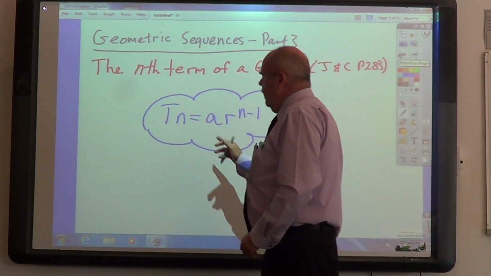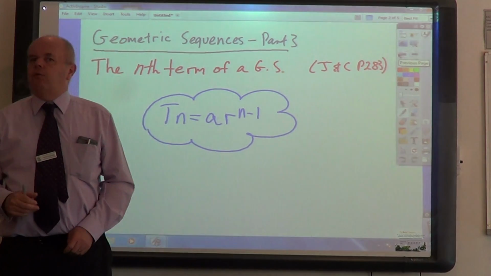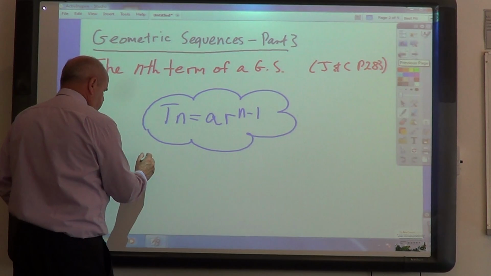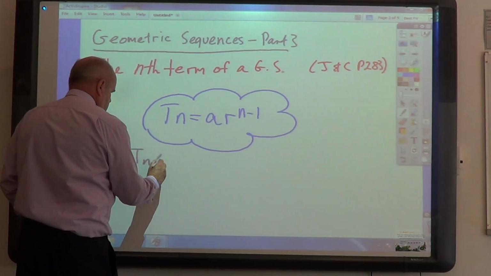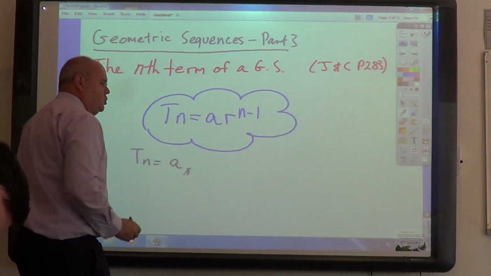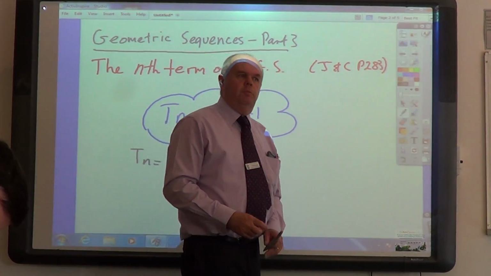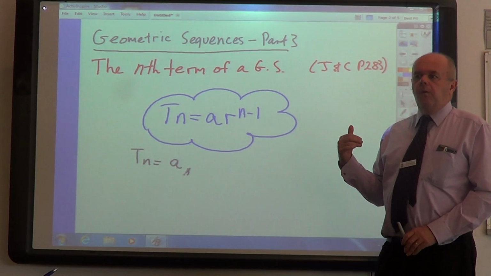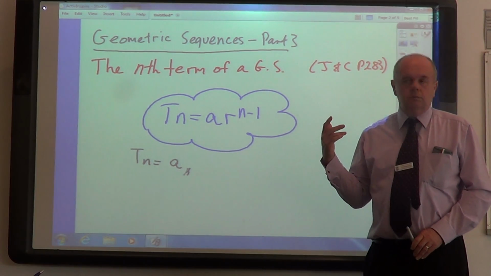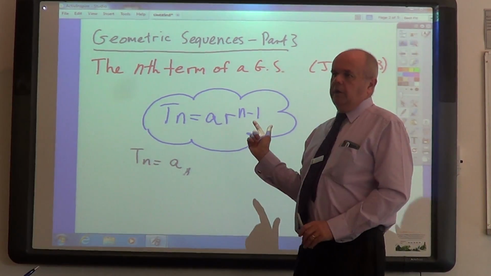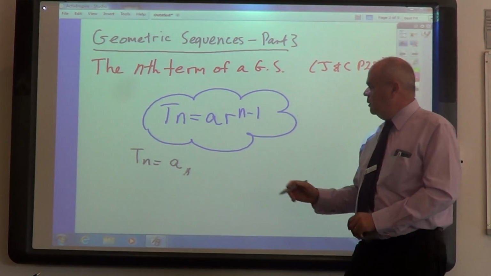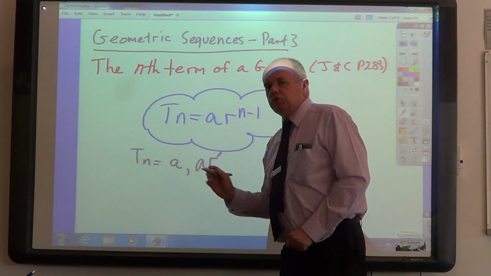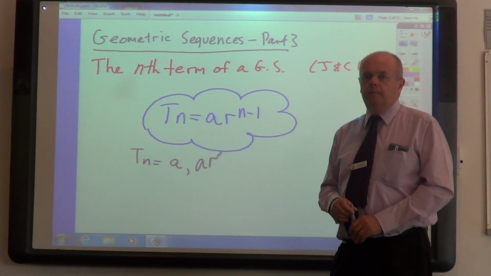How this comes about is really quite straightforward. If we think about a geometric sequence as comprising a first term, what we do to get to the second term is multiply the first term by the common ratio, don't we?